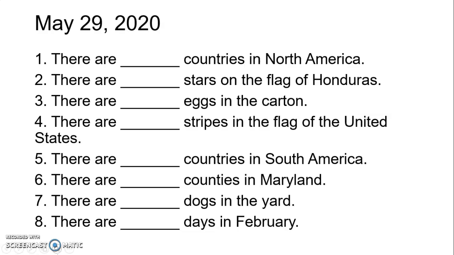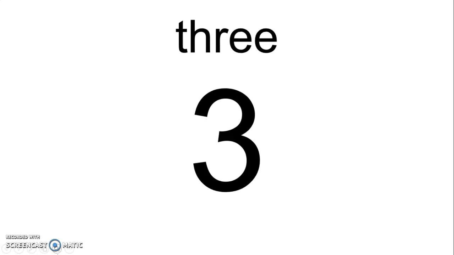Y les muestro cómo va a escribir. 1, 2, 3. Y ahora les muestro un ejemplo. Les voy a mostrar 8 imágenes y tienes que contar las cosas en la imagen y escribir el número que representa cuántas cosas están en la imagen.